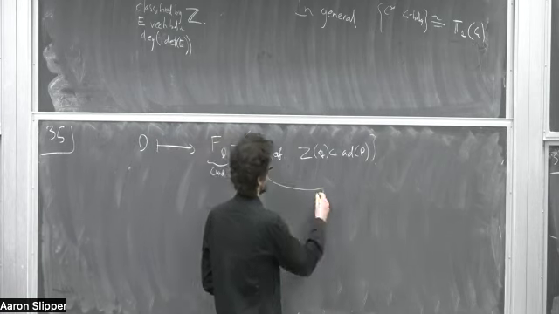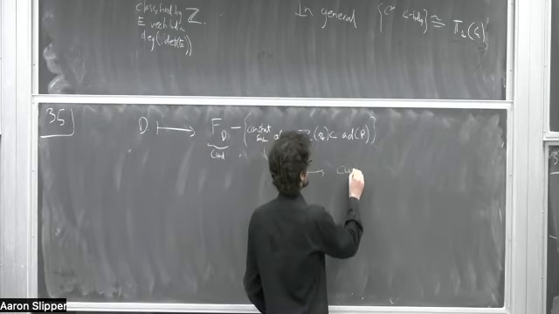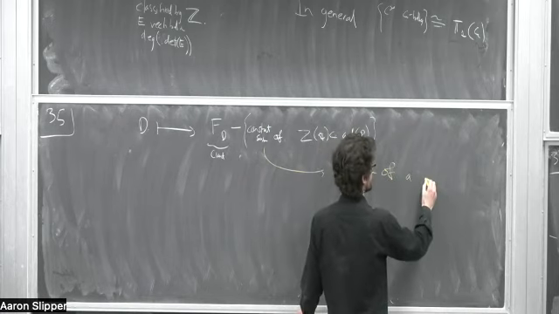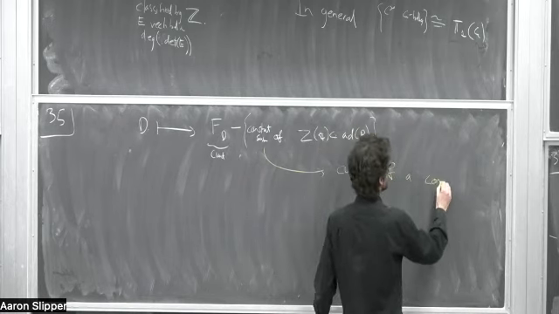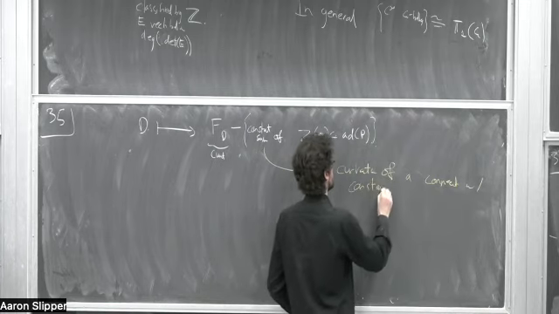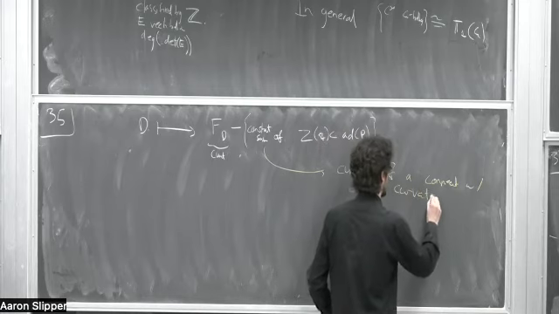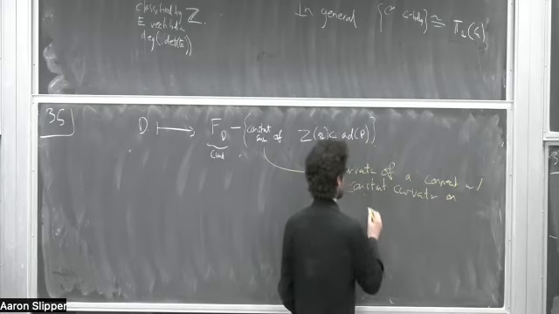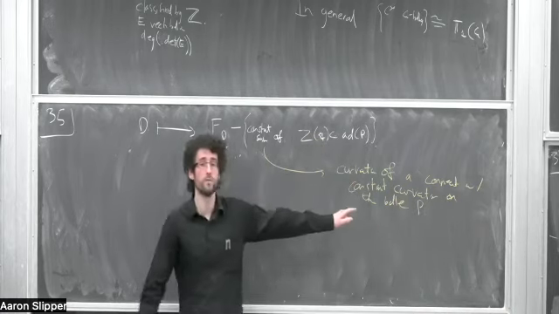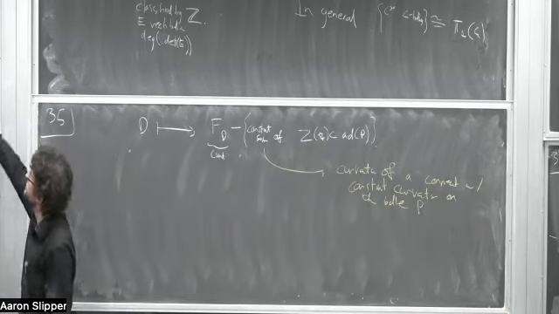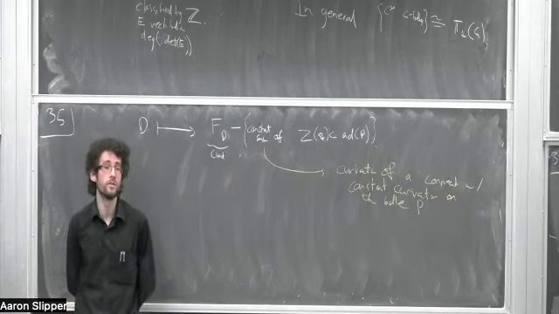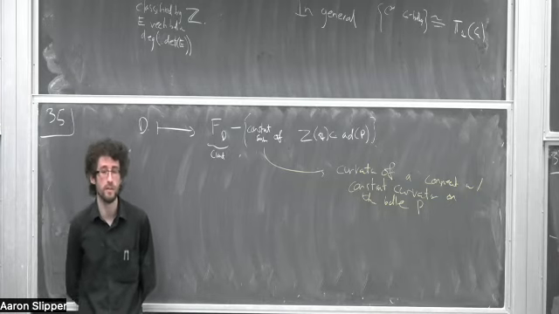This is the curvature of a connection with constant curvature on the bundle. This is one way of seeing this. Another way to do the classification of pi naught is to use the Chern class of your G bundle.